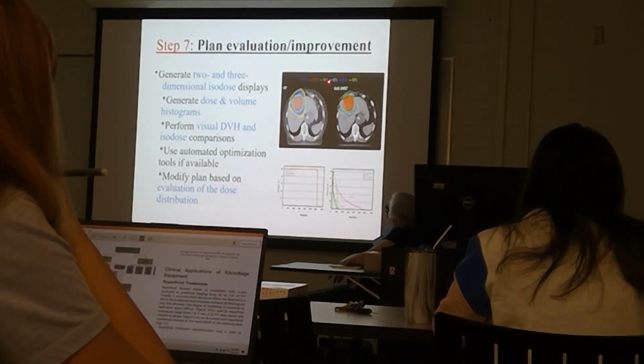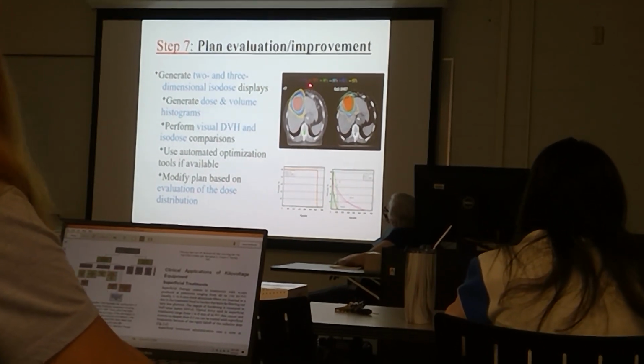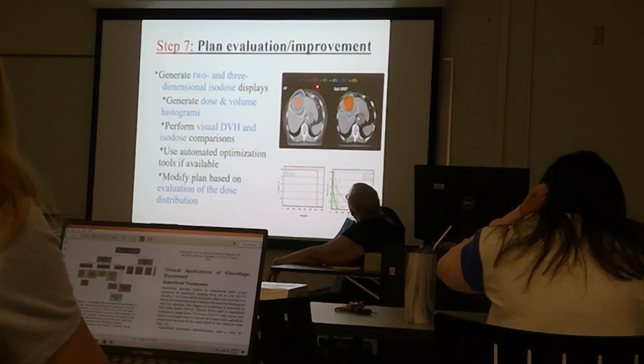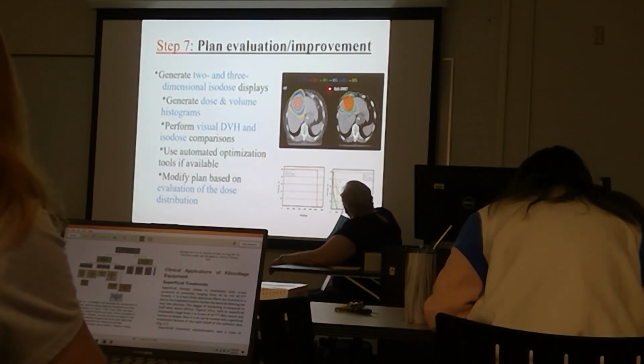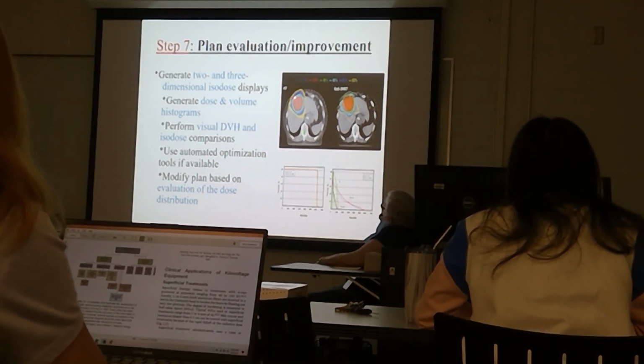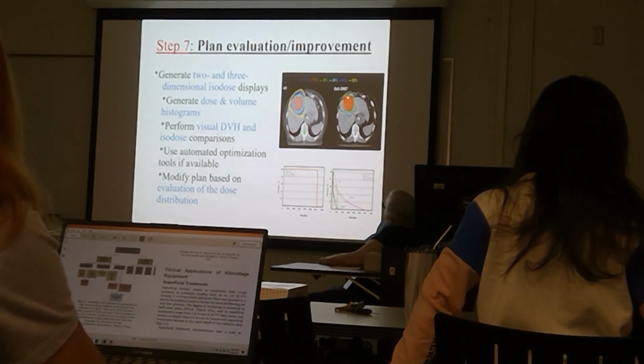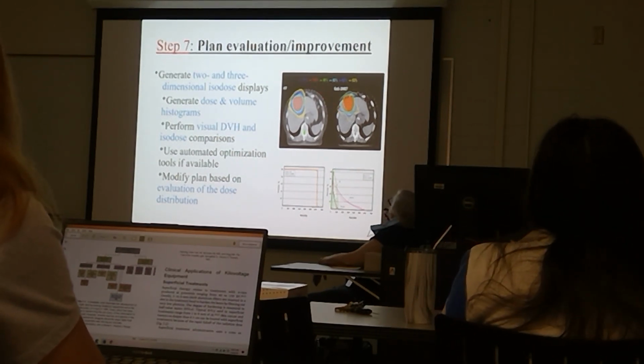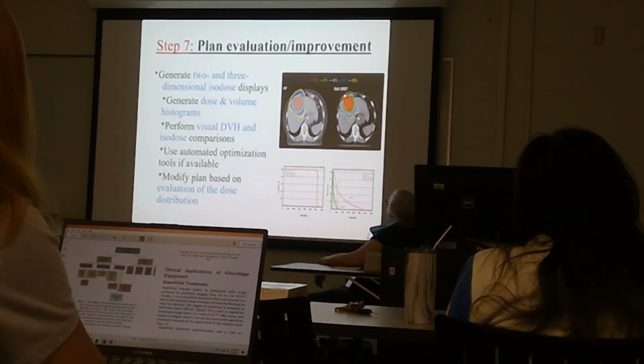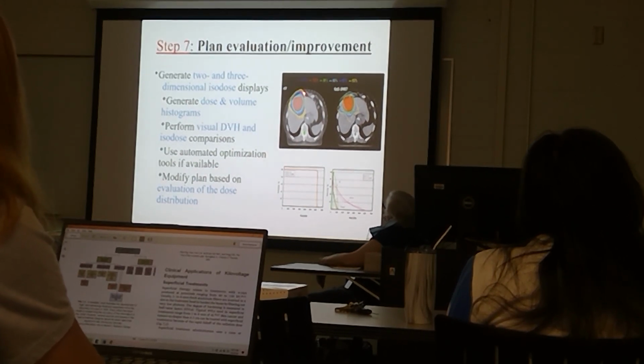here is your legend. Okay, so the red is 100% here. So everything inside of here is 100%. Green is 95 here. Blue is 80 here. 60 is dark blue.